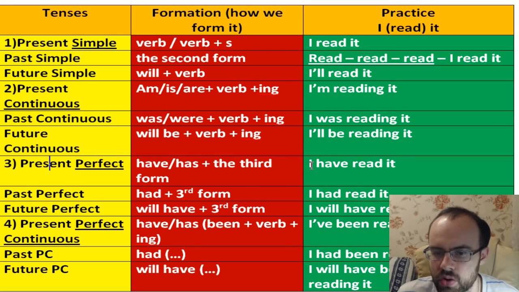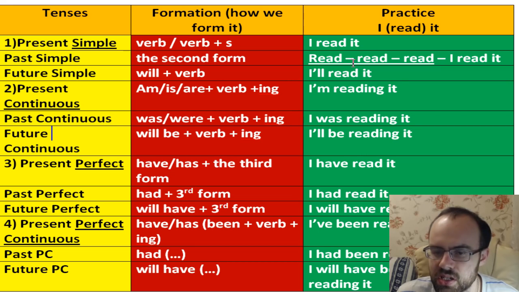We often use present perfect with already. You can say, I've already read it. Or maybe past continuous, we often use it in complex sentences with when or while. So when I came back, she was cooking. There is one short action, came back, and one long action, was cooking.